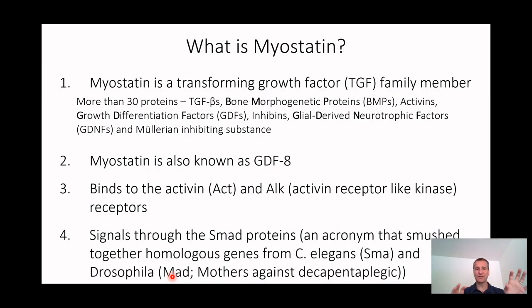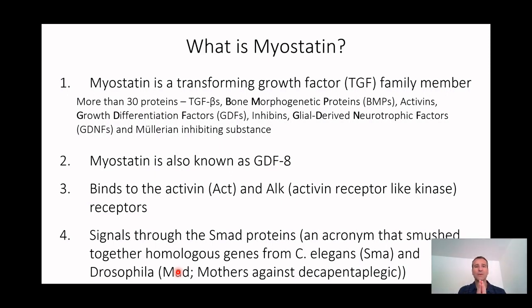Basically these were two different developmental gene families that were discovered, one in worms, one in flies. When they realized that these are the same proteins, the same family, they smashed them together into the SMADs. The MA was in both of them, so they just put them together into the SMADs.